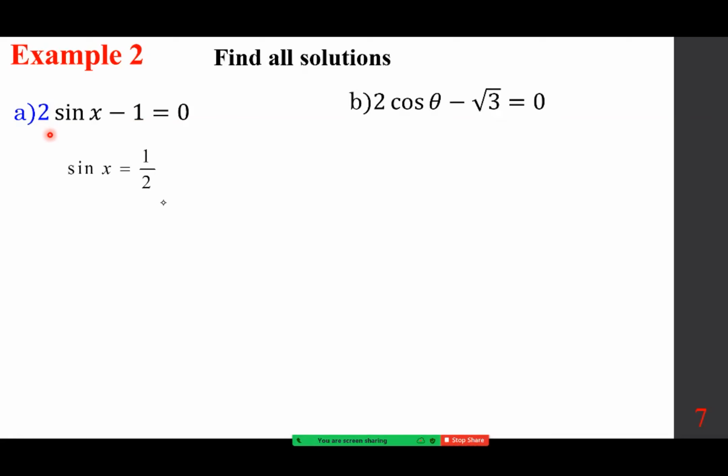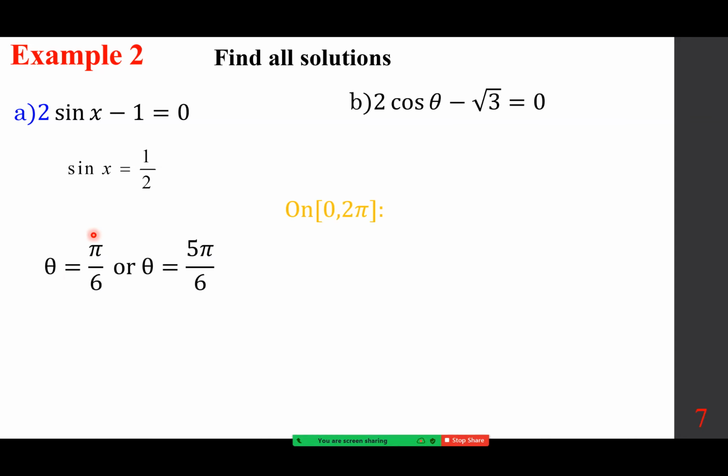And when sine x is 1/2, in a complete revolution of 0 to 2 pi, there are two answers. Remember, the reference arc becomes pi over 6. Sine is positive in the first and second quadrant. So pi minus pi over 6 results in 5 pi over 6.